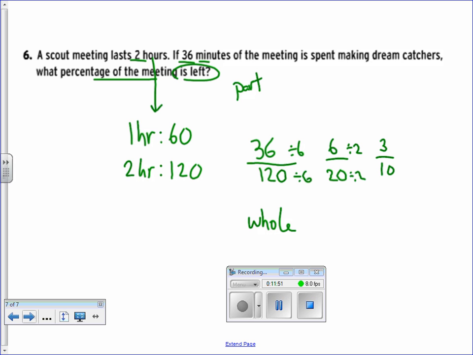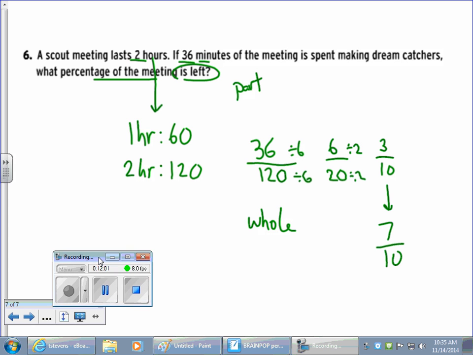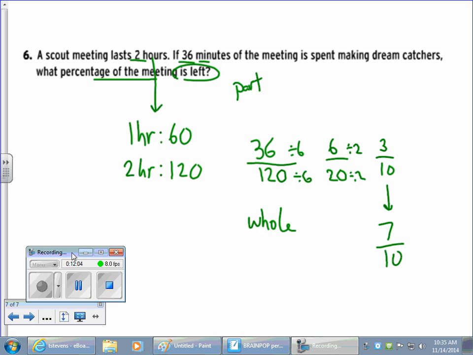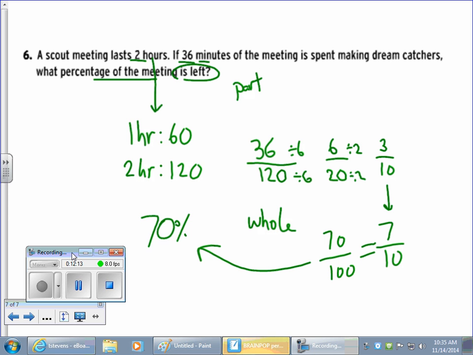Now remember, this is how much they used, 3/10. So that means they have 7/10 left. 3/10 plus 7/10 is 10/10. 7/10 is the same thing as 70/100. 70/100 is 70%. They have 70% of the meeting time left.